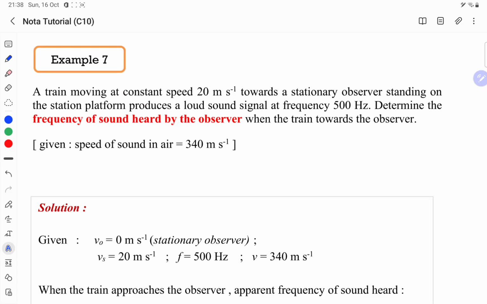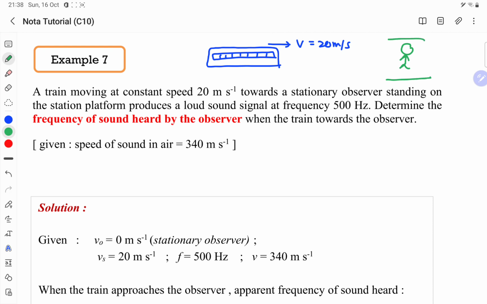Okay, so let's take a look at one example of a Doppler effect problem. A train is moving at a constant speed of 20 meters per second towards a stationary observer. So the observer is standing at the platform.